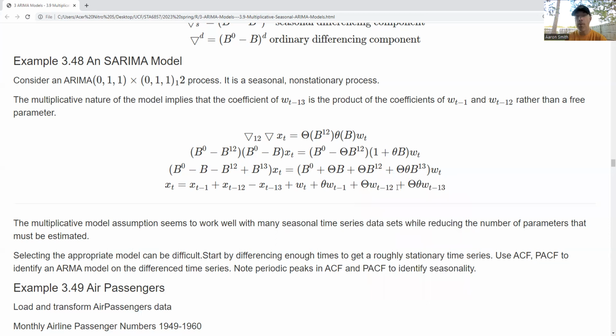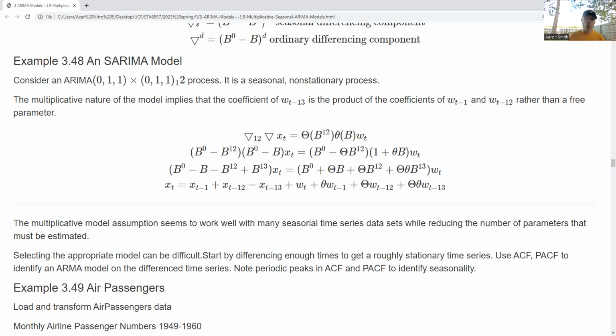So if I fit theta and capital theta, I don't have to fit this value at all. And so that's a lower degree, which means I actually need less data to fit this.